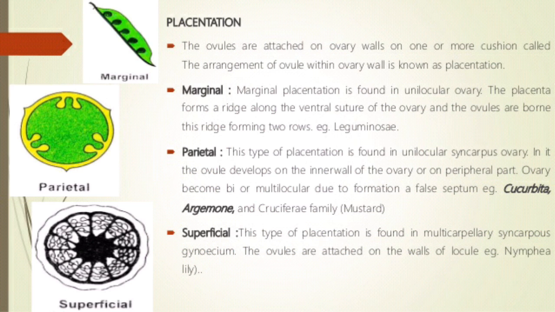Argemone, Cruciferae family, that is mustard. Superficial. This type of placentation is found in multicarpellary syncarpous gynoecium. The ovules are attached on the walls of locule, as in the case of Nymphaea, that is lily, lotus.